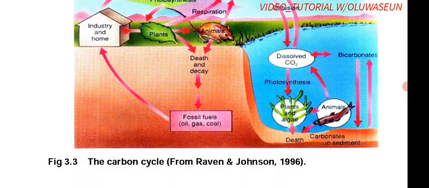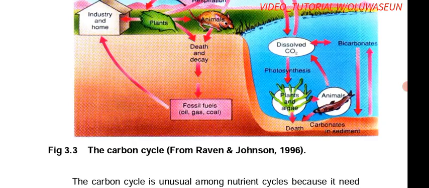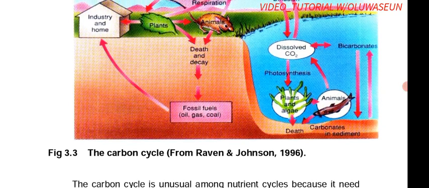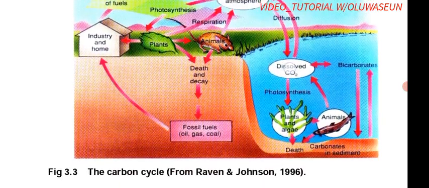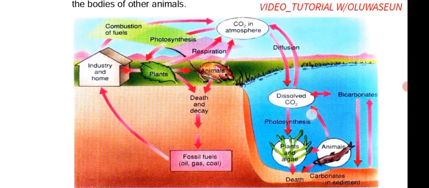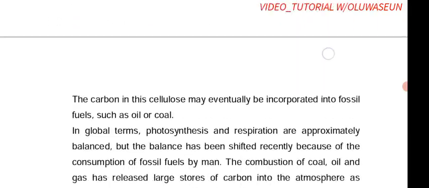This green plant will be eaten by the animal, which is the fish. And then the animals too will exhale CO2 back into the atmosphere. So within this space alone, you can see the work of the carbon cycle.